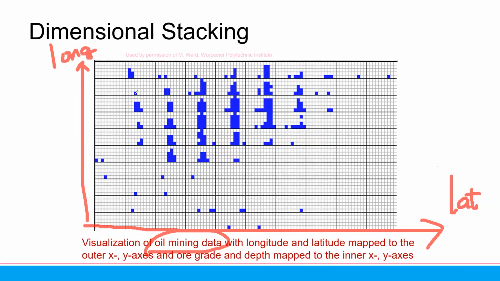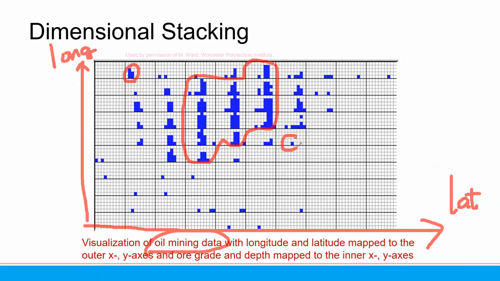And if you look at the blue color, it shows that the oil in that area is higher than in the other areas. And you can look at this particular area. Yeah, we can see there are a lot of oils in those particular areas. So if you want to mine the oil, you can focus on that area.